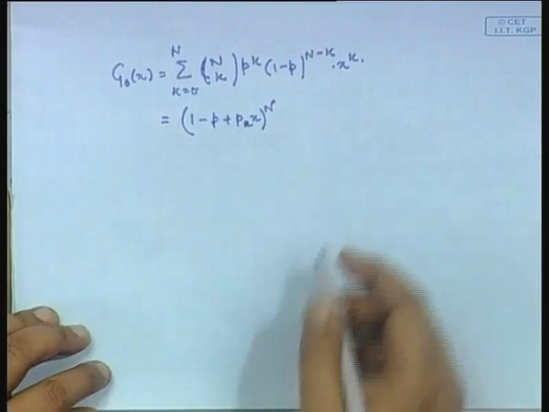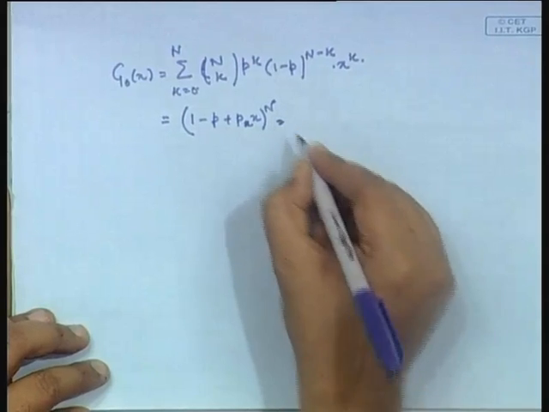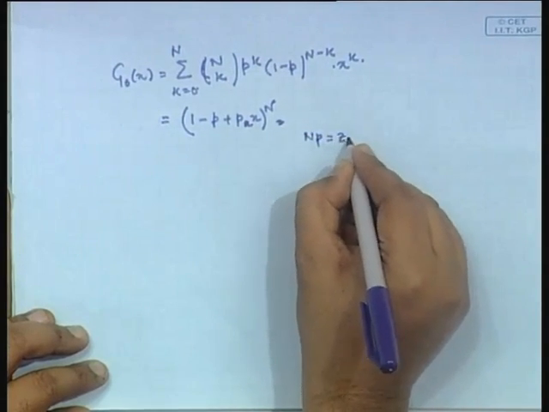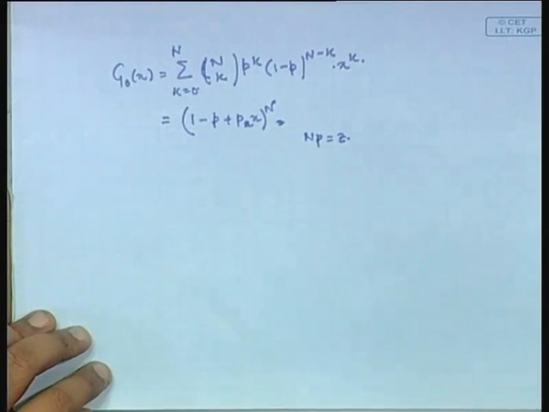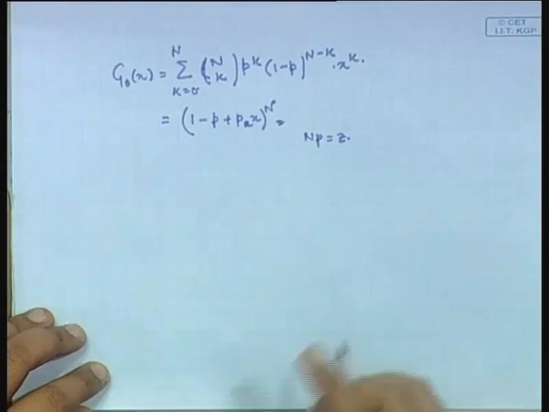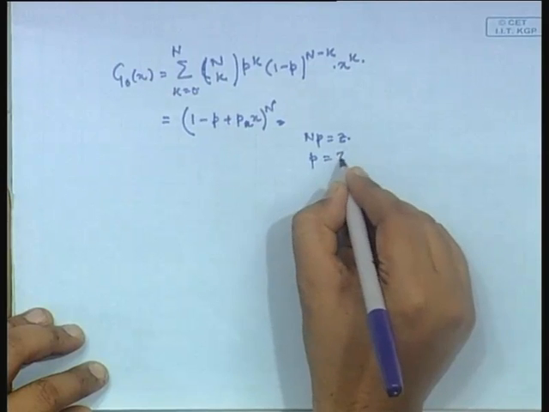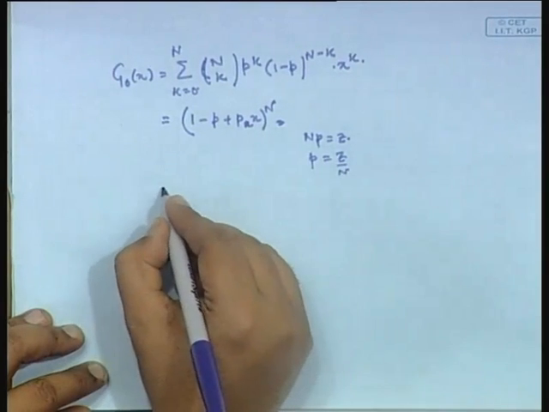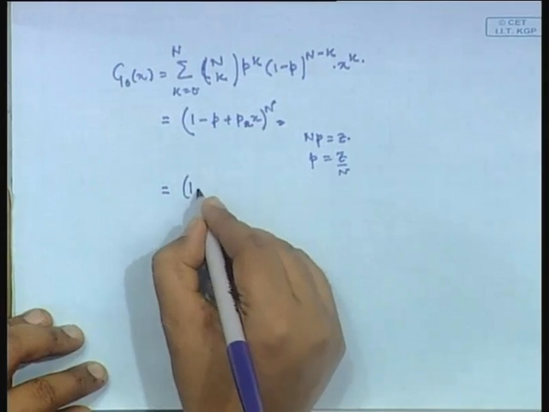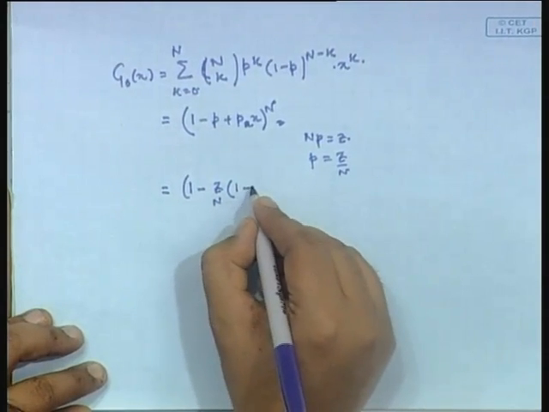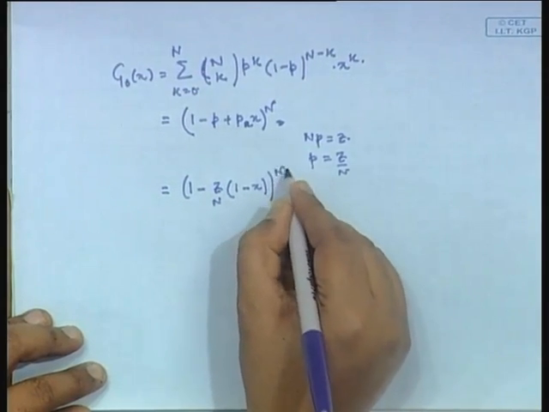Now, what we know? That NP is equal to Z. So actually P is equal to Z by N. So, I can write this as 1 minus Z by N, 1 minus x, to the power n.